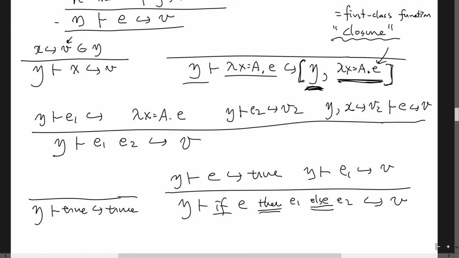So in some sense, from the perspective of an outside observer, there's no free variable. All these free variables in expression E can be resolved somewhere in this environment eta. So that's the reason that this pair is called closure. And now this is a new form of value.